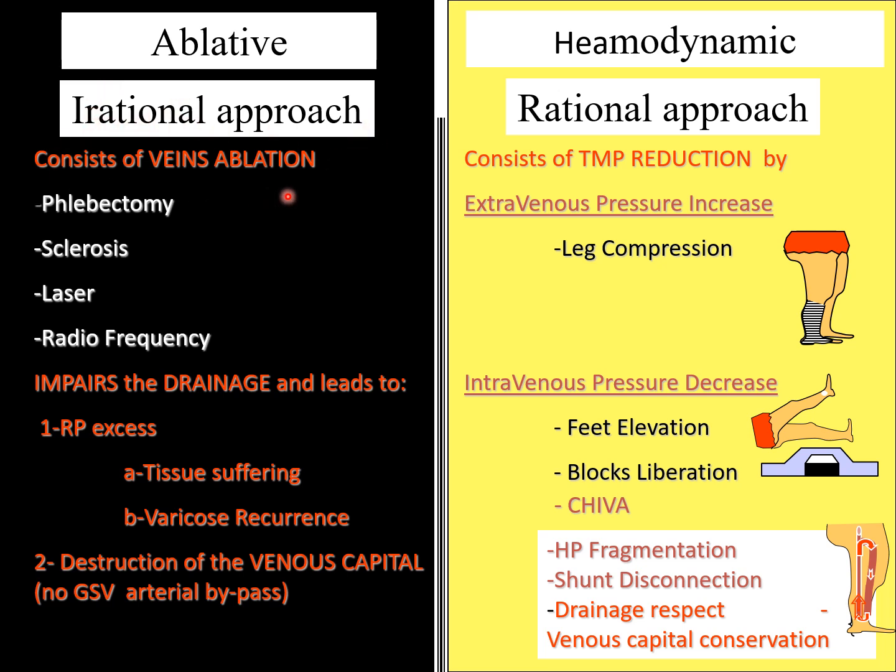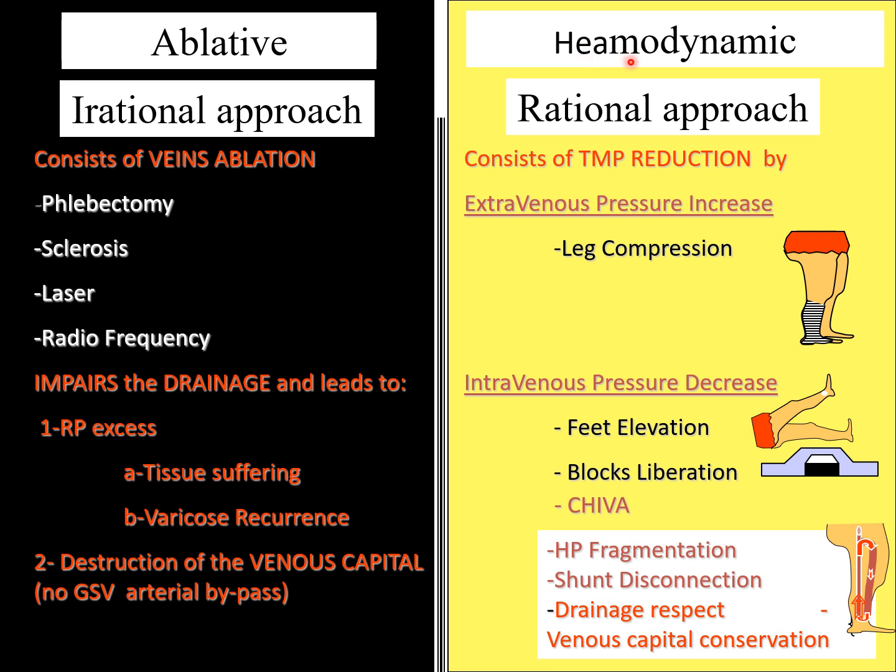It consists of vein ablation, phlebectomy, sclerosis, laser, radiofrequency, because it impairs the drainage and leads to residual pressure excess with tissue suffering, varicose recurrence, and destroys the venous capital. No more great saphenous vein for a vital arterial bypass.